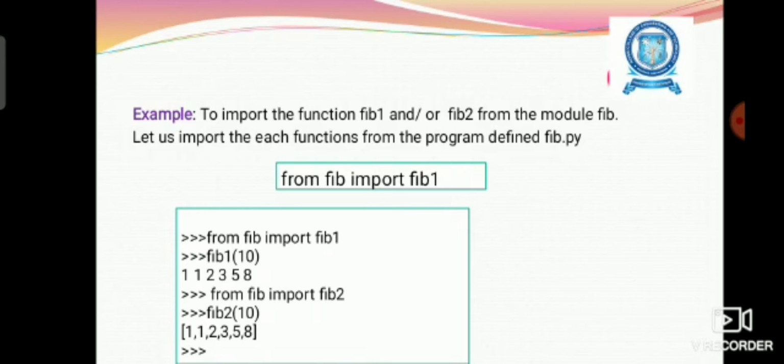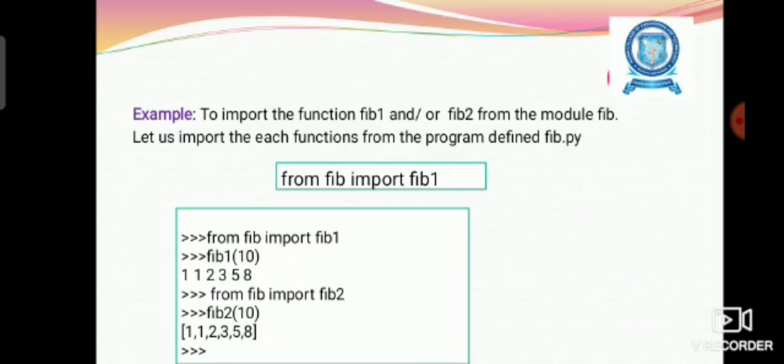Both methods will produce the Fibonacci series, and the only difference is the first method will produce the Fibonacci series and list out the numbers in a normal way, but the second method will produce the Fibonacci series in a list format. It will produce the sequence of numbers in a Fibonacci series, and it will constitute all the numbers inside one list. That is the difference between FIB1 and FIB2.